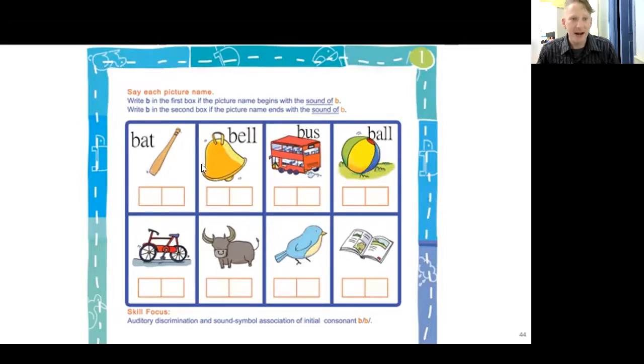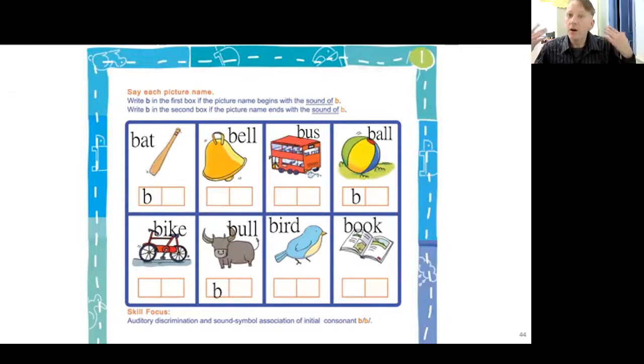Okay, we have bat, bell, bus, and ball. Okay, and if you look, bat and ball have the what? The beginning sound. Okay, bike, bull, bird, and book.